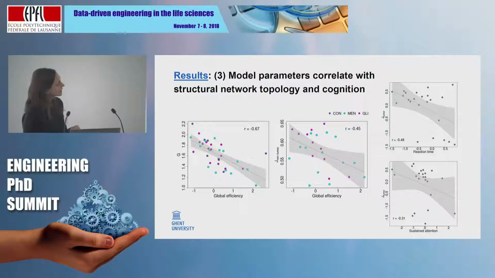Regarding the associations with cognitive performance, we find some associations, although you can see on the plot that the relationship is not nicely linear, so we would need some more data to get a better understanding of how this exactly works.